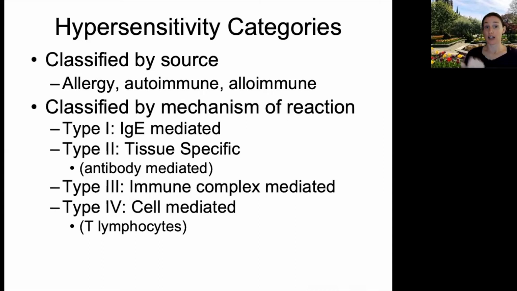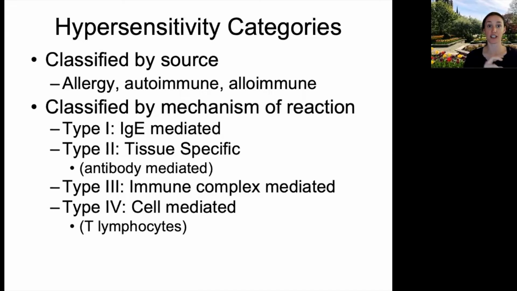So there are a couple different classifications for hypersensitivity. It's classified by source: allergy, autoimmune, or alloimmune. We also classify it by the mechanism of reaction. So a type 1 is IgE mediated. So remember, IgE, allergy. Think of those allergic reactions.